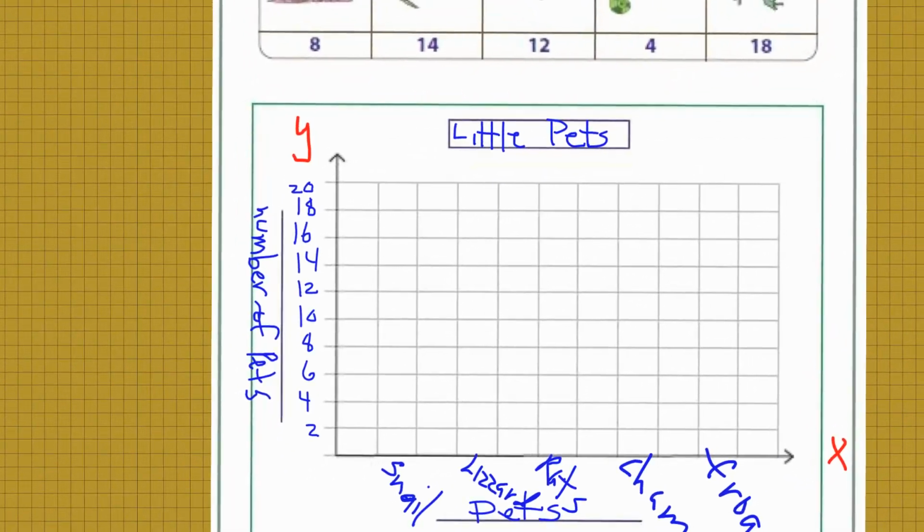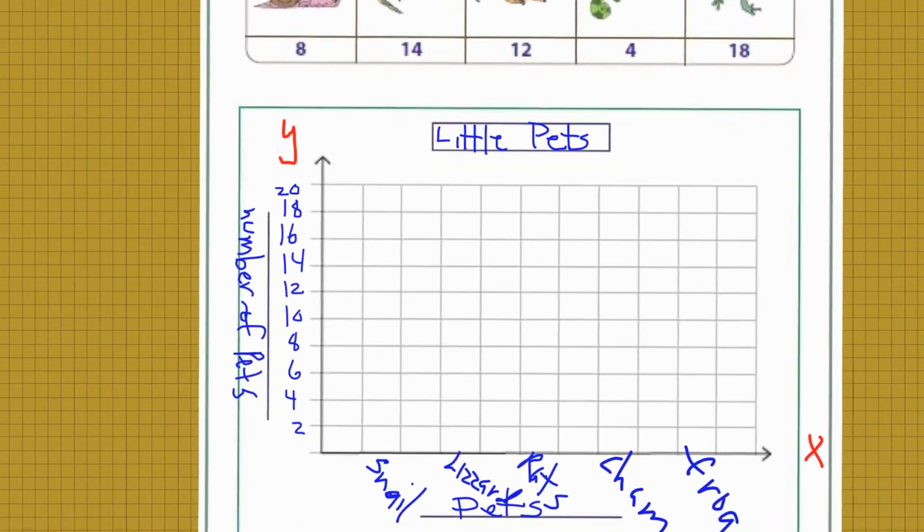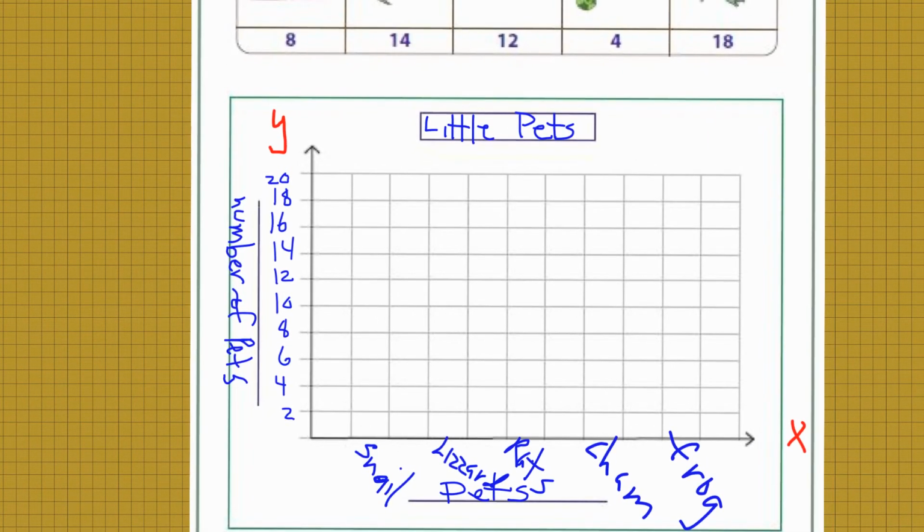Now the easier part. I'm going to use my graph here, and it's going to tell me how much to shade. So let me get you a good color of shade. What do you think? How about red, I guess? All right, so the snails, there were 8. So I go to snails, and I'm going to go up till I get to 8.